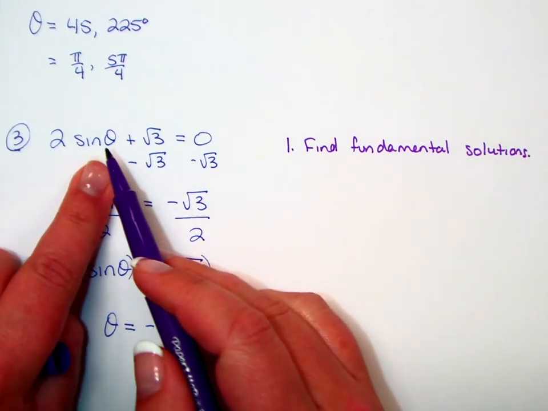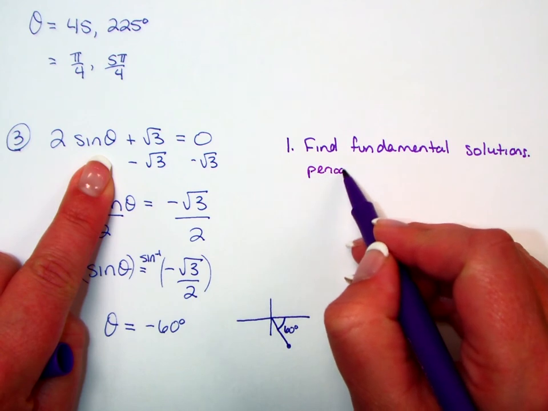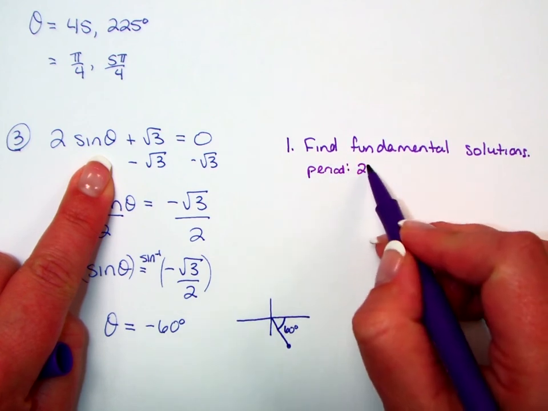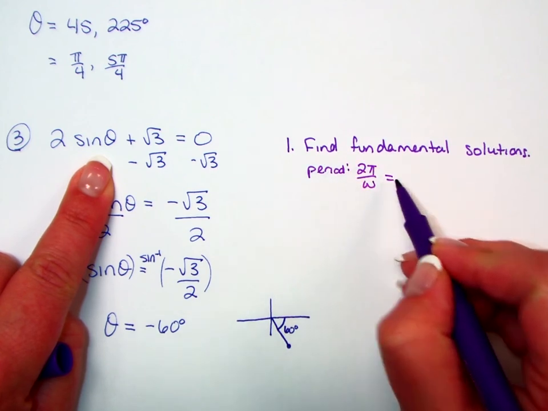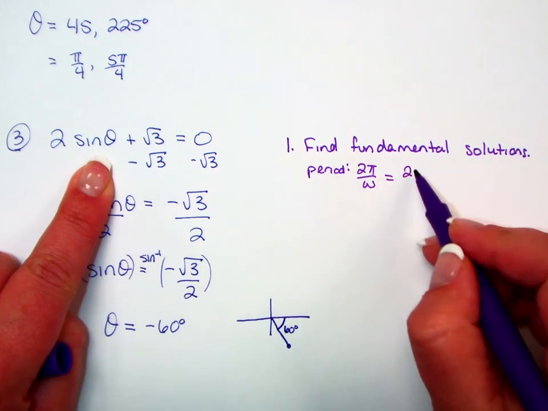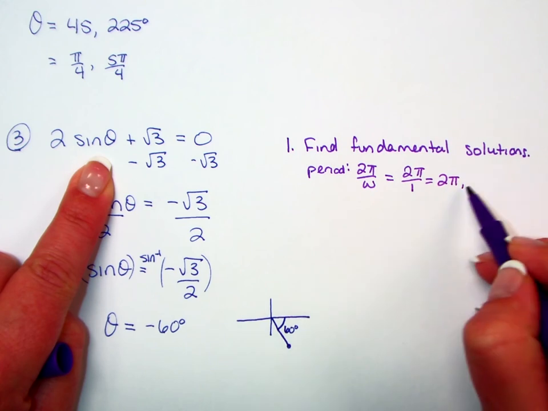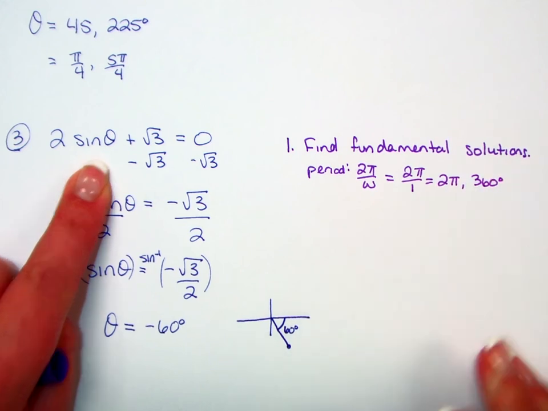The period of this function again is 2 pi over omega. Omega is the number times our angle here, so we get 2 pi over 1, which is just 2 pi. So our fundamental period is 360 degrees.